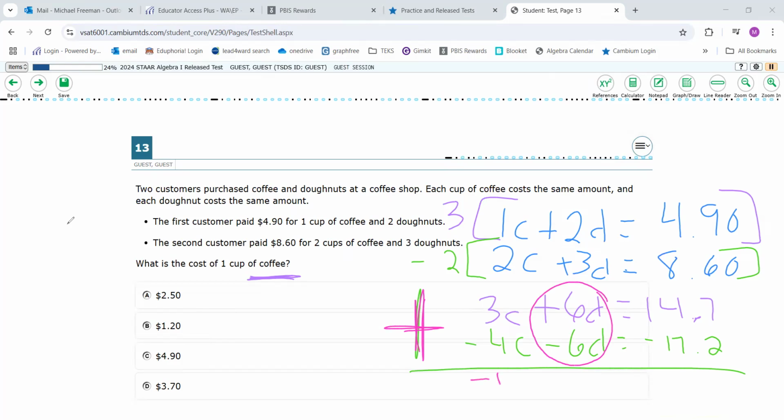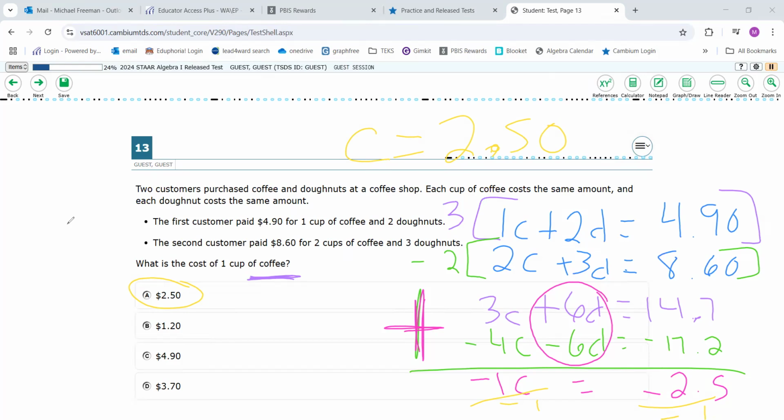So I get -1c equals -2.5. Well, if -1c equals -2.5, we divide both sides by -1. So that means coffees cost $2.50. Well, yeah, that's our A value. So that worked. Coffees cost $2.50.